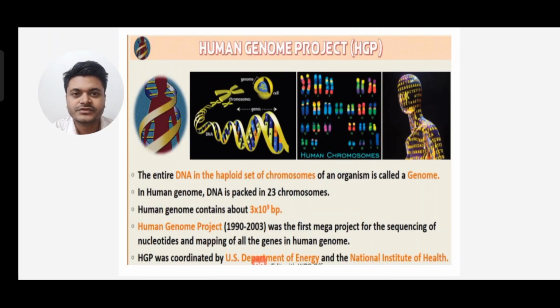It was studied for human beings, and the Human Genome Project was coordinated by the US Department of Energy and the National Institutes of Health. We know that we have 46 chromosomes, that is 23 pairs. Inside the chromosomes we have genes, and in this project they studied the functions of genes.